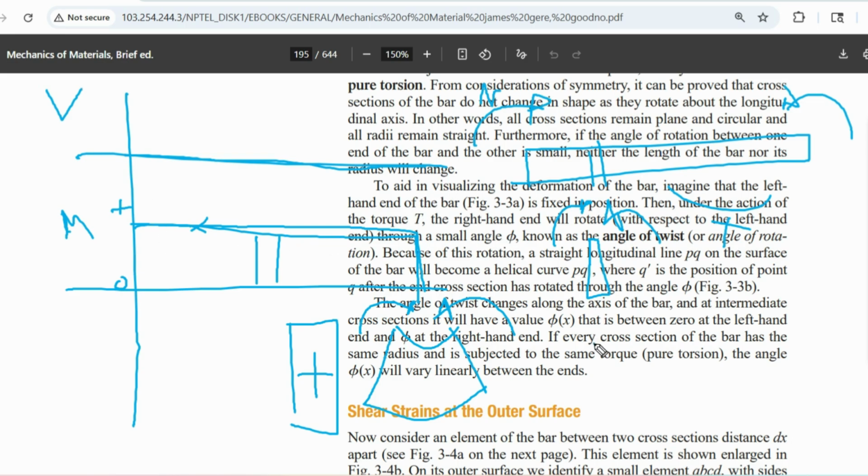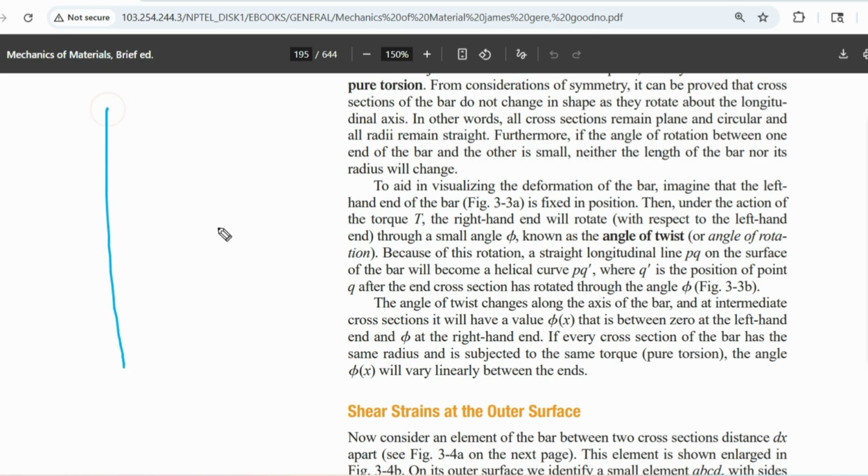But if we have a beam with a distributed load, I don't even know how to do that one. But if we have a beam with a load in the middle, that diagram I do know how to do. We're going to have positive, then negative for shear.